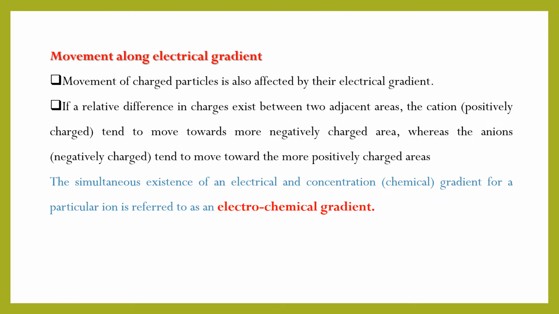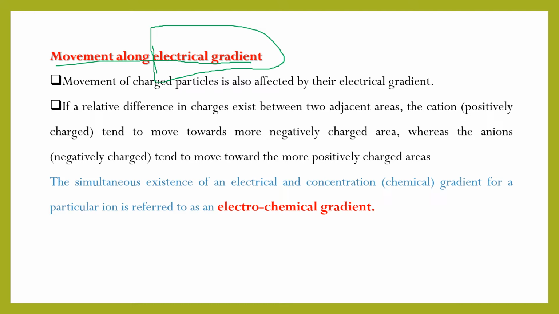Okay, this is movement along an electrical gradient. Simple diffusion of some molecules may be affected not only by the concentration gradient, but also by their electrical gradient. So both the concentration gradient as well as the electrical gradient may affect the diffusion of some molecules.